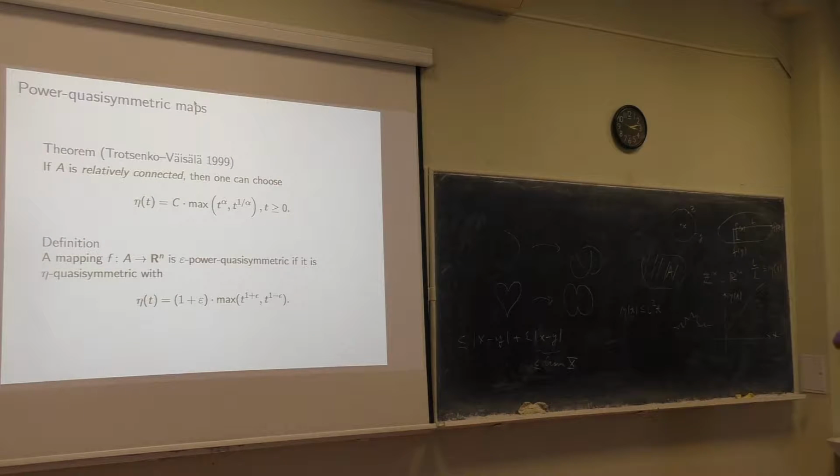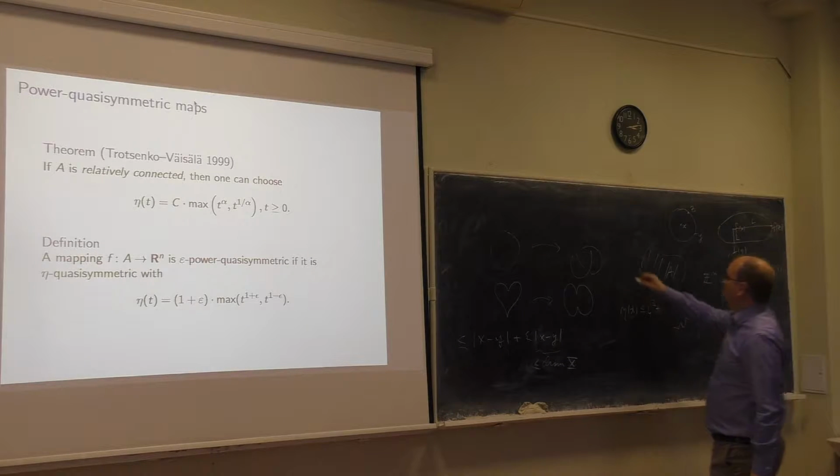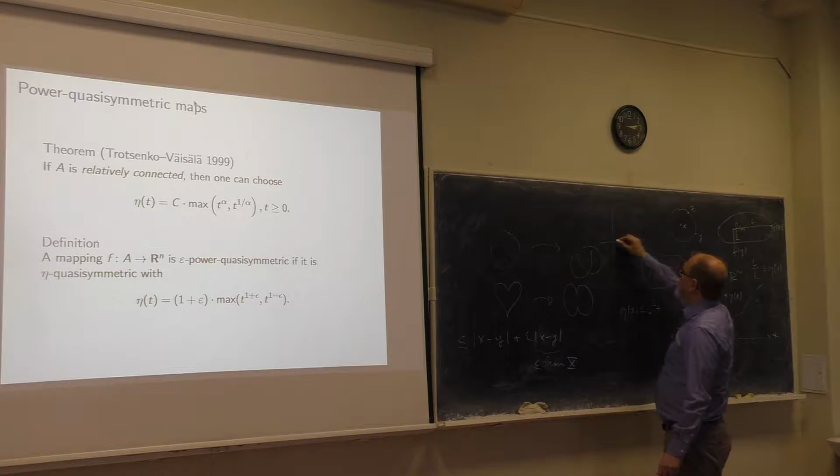Similarity preserves all the ratios of distances. And so in general, this function that controls this quasi-symmetric map can be any homeomorphism of the positive real axis, but in practice you have to think very hard to find examples where you can't use this kind of easy power type formula. So the power type formula behaves like this.